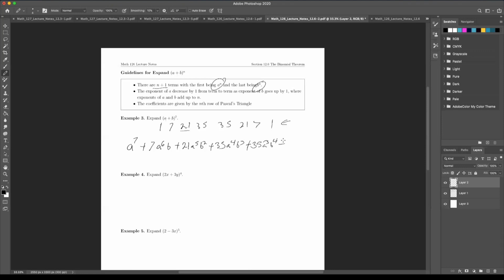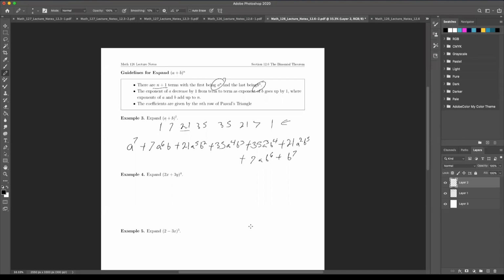Notice this still adds up to 7. Next one would be 21, a to the second, b to the fifth. The next one, I'll have to write on the next line: 7, a, b to the sixth. And the last term would be 1 times b to the 7.